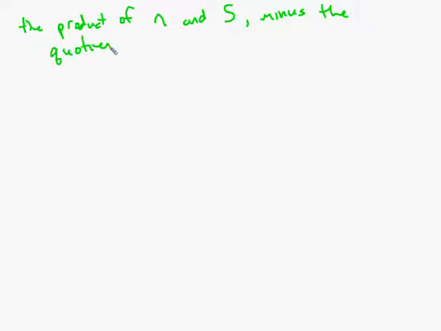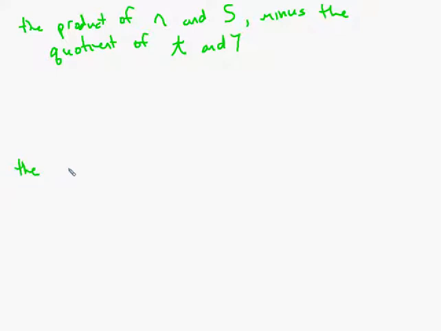All right, 3 more examples. These are the big kahunas. What do I mean big kahuna? That means if you get these, I know you get it because these are hard ones. So this is going to be the product of n and 5 minus the quotient of t and 7.